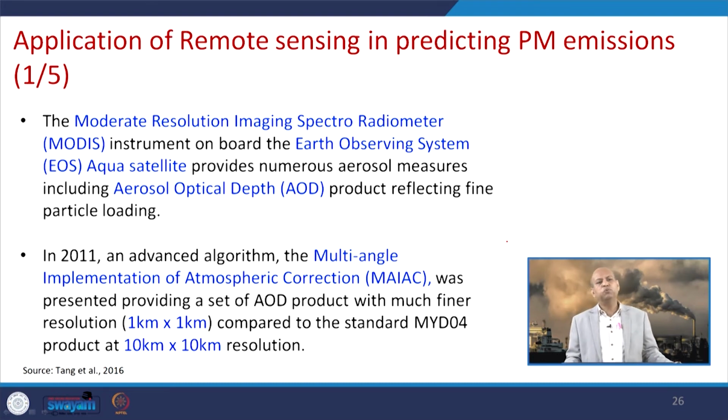Well, when we talk about how to apply remote sensing for predicting particulate matter emissions, again we can go for the usage of MODIS data, Moderate Resolution Imaging Spectroradiometer, okay.